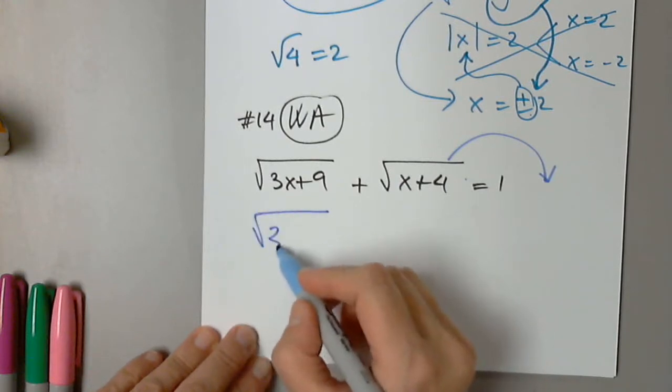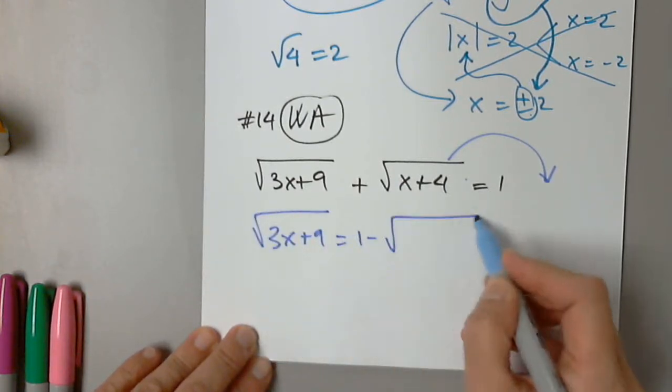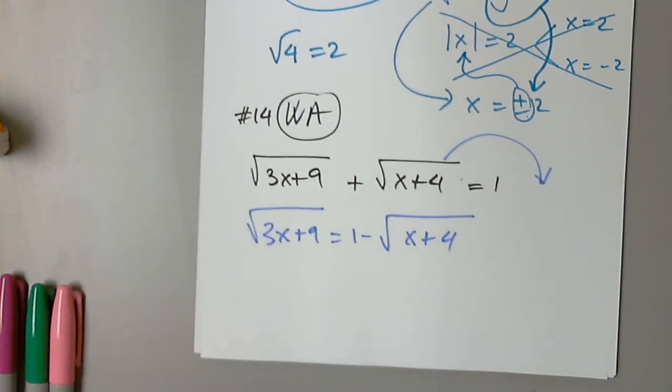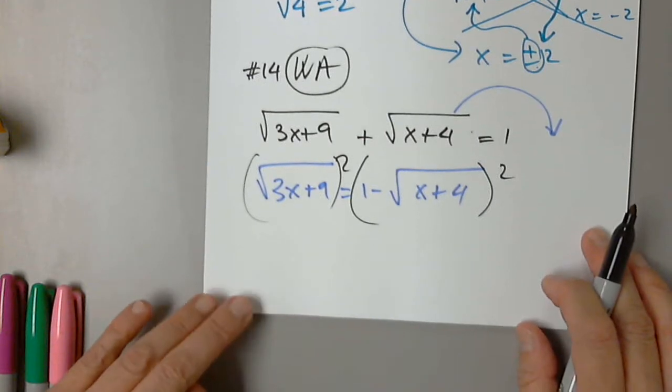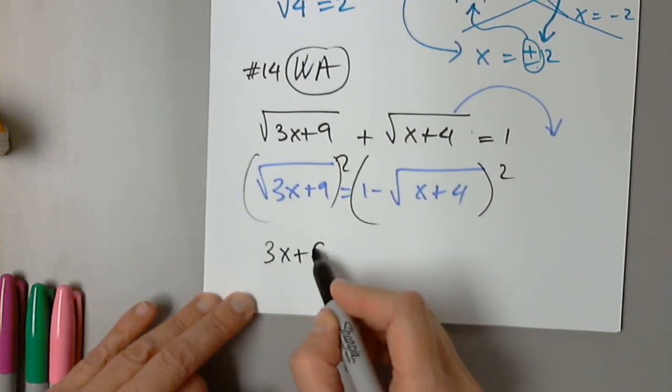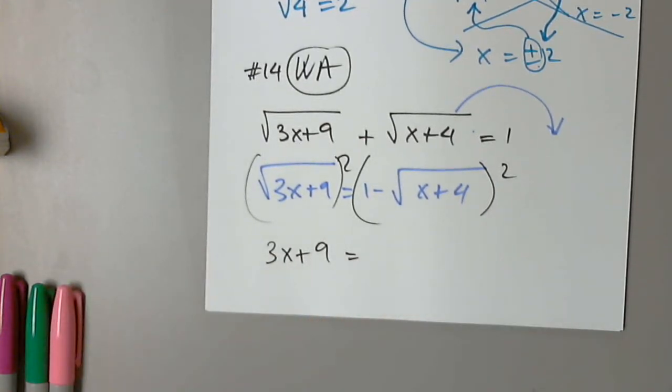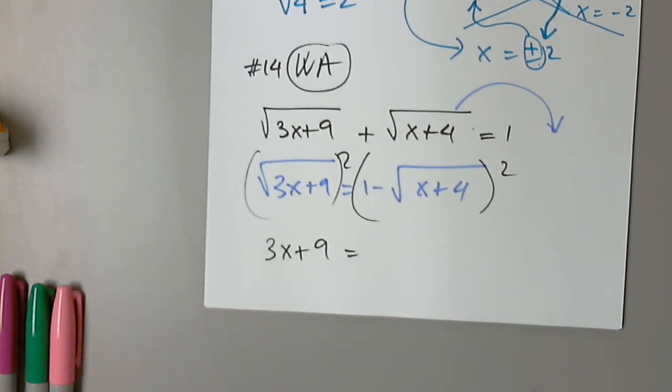So the square root of 3x plus 9 equals 1 minus the square root of x plus 4. Of course, the next step would be what we did last time with any radical equation. The left-hand side is easy, but please remember the right-hand side, you have to give me 3 terms. First term squared, please.